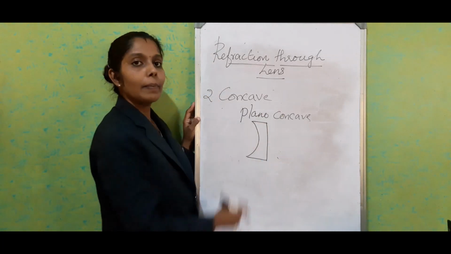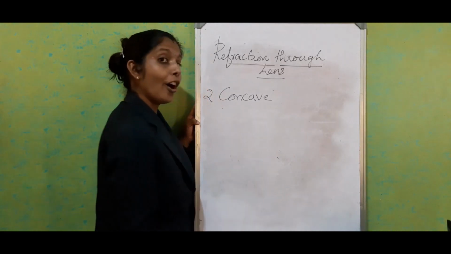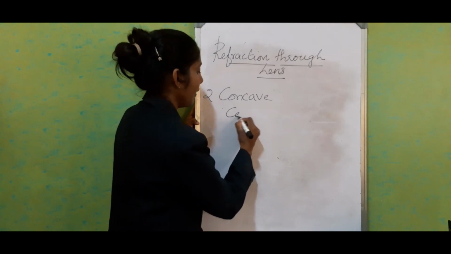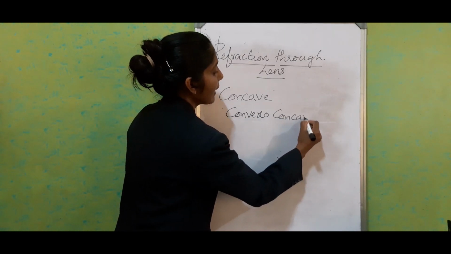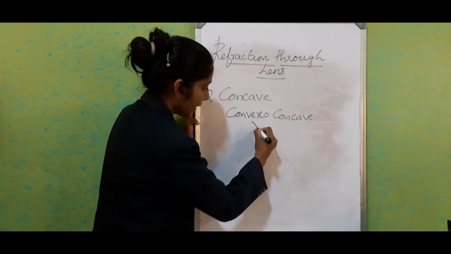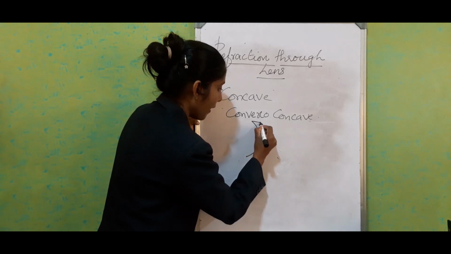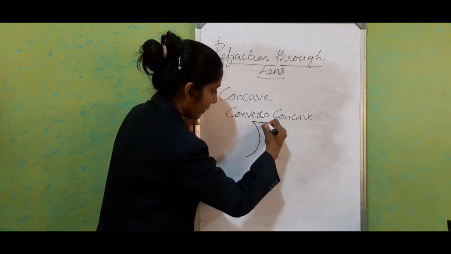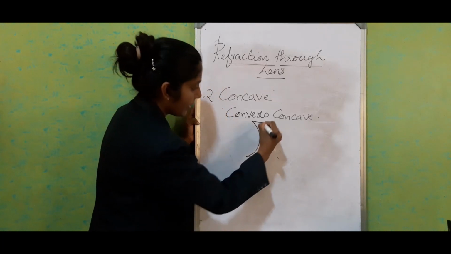This is called plano-concave. And the last category is convexo-concave. Here the first side is concave and the other side is bulged like this.